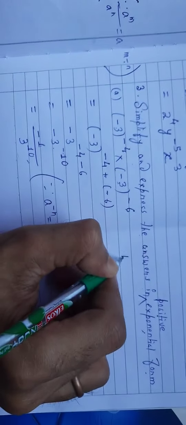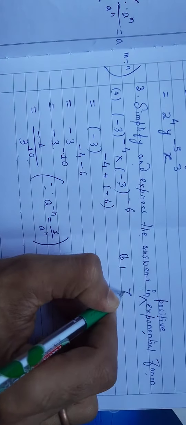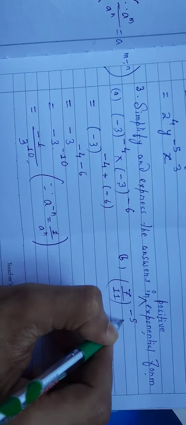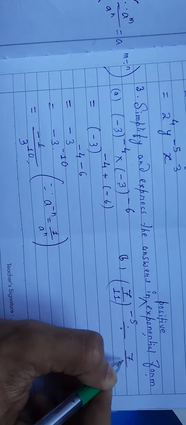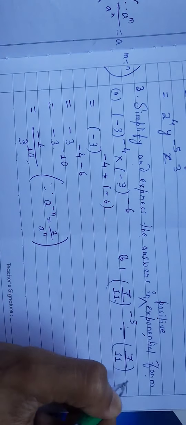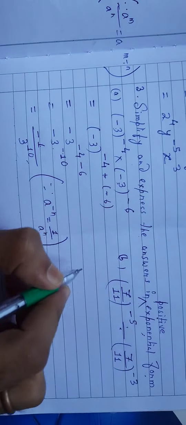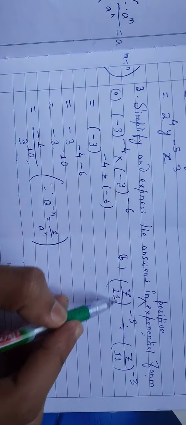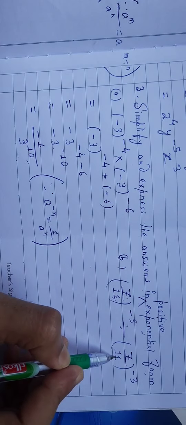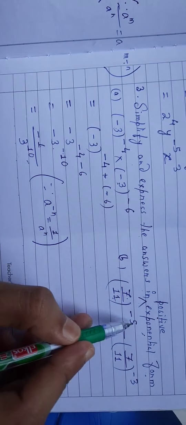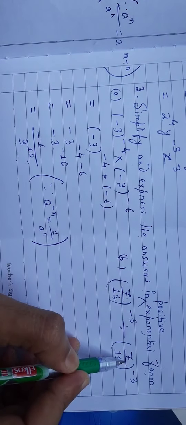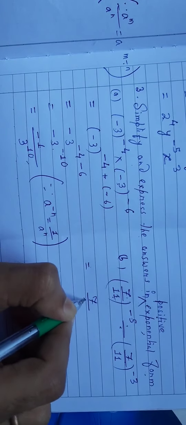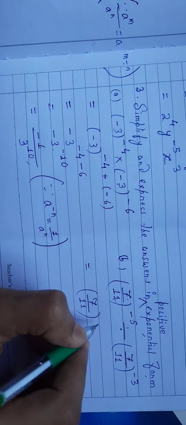Next question is 7 by 11 to the power minus 5 divided 7 by 11 to the power minus 3. So as you can see, here also 7 by 11, here also 7 by 11, that means base is same. So a to the power m divided a to the power n, which is a to the power m minus n. So we'll write 7 by 11 to the power m minus n.